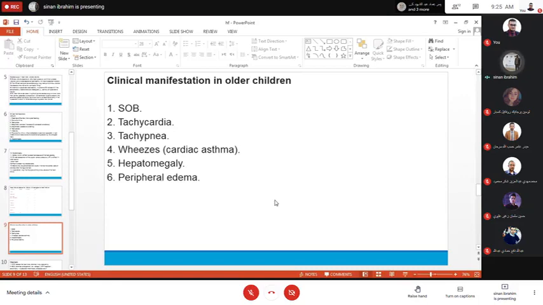So for signs and symptoms, we should keep in mind whether the patient is an infant or an older child. We have too large and too rapid signs. Too rapid, including tachycardia and tachypnea, or too large, which are cardiomegaly and hepatomegaly. These are important. If you think of a case of heart failure, you should look for these four signs.